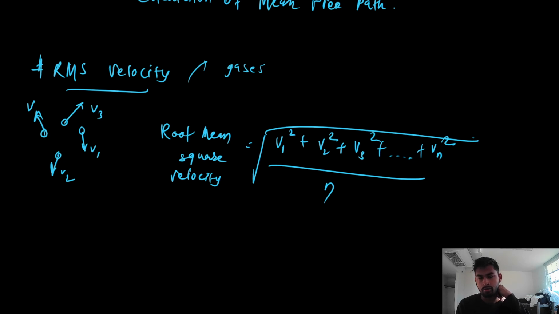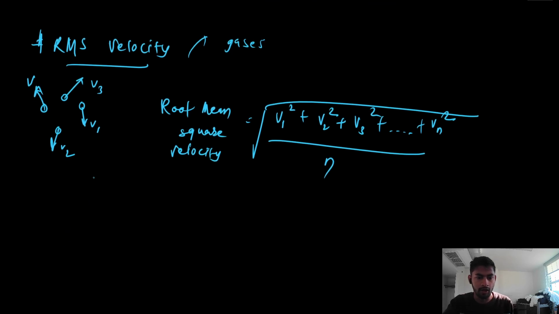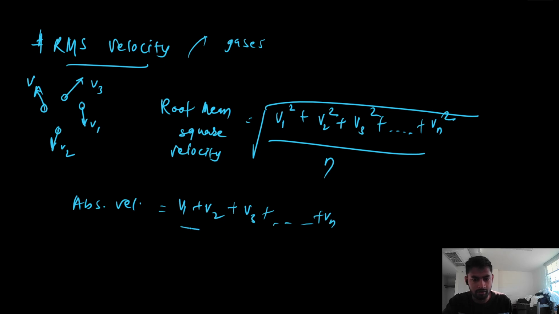Why do we compute root mean square in the first place in kinetic theory of gases? There might be an analogy for using root mean square not just in velocity but also in current. We could compute the total average mean velocity of gases using an equation like absolute velocity, which would look like the absolute value of v1 plus v2 plus v3 plus dash dash dash plus vn, by n.